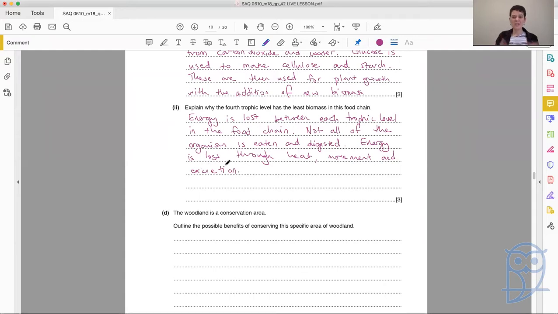So what is so important about this loss of energy is that when energy is lost, we then don't have enough energy to support a bigger biomass in the next trophic level. The loss of energy means that there is less energy to support the next trophic level.